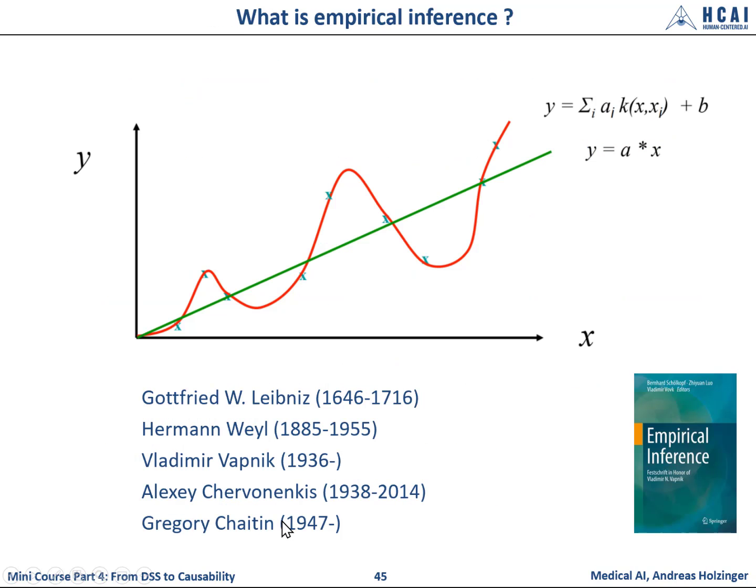Yeah, and this brings us to a very famous image. So this is what is empirical inference, first stated by Gottfried Wilhelm Leibniz very early, so that you can understand visually what empirical inference is. So, you know, empirical inference is to draw conclusions from empirical data. And this is very interesting because the question of Leibniz already was what makes a function simple.